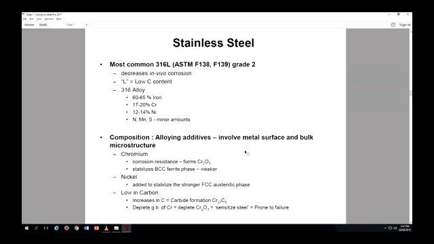BCC is called body-centered cube, something like that. What happens here is that the ions are formed like that. So if you have a cube, if I can draw a cube for you.